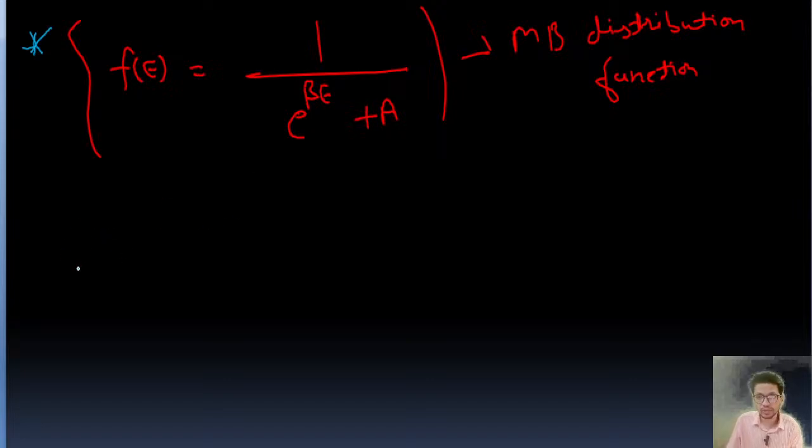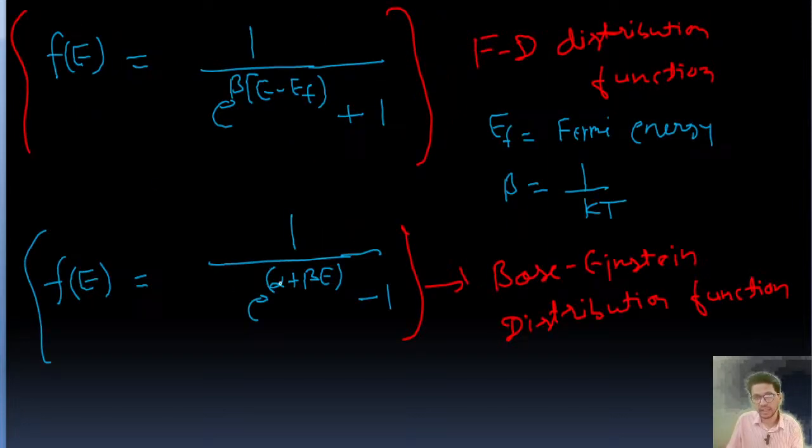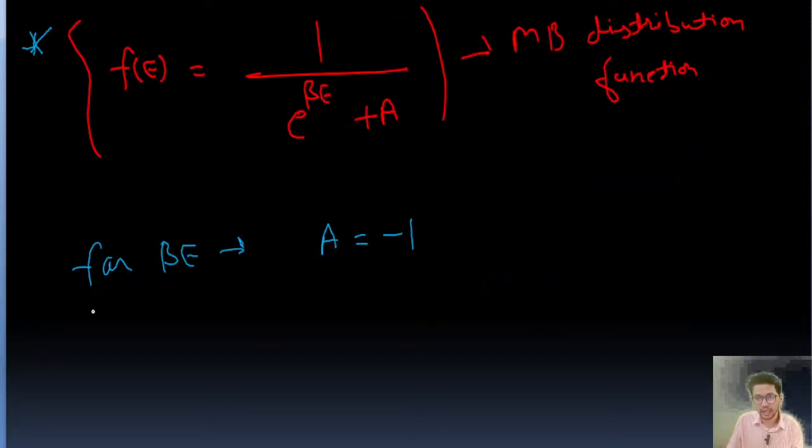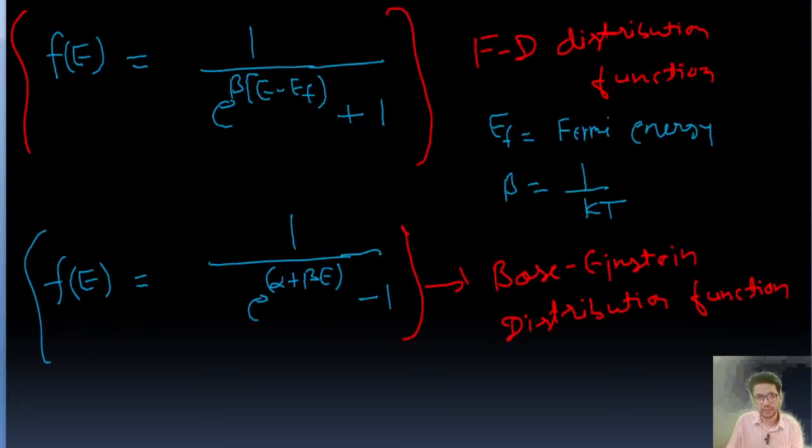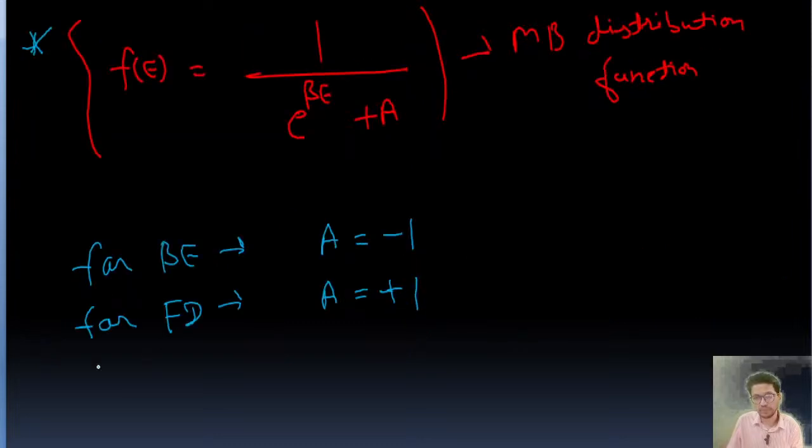Okay, so here you need to note down the main thing. For Bose-Einstein statistics, BE, the value of A is minus 1. For Fermi-Dirac, FD, the value of A is plus 1, and for MB, Maxwell-Boltzmann, the A value is 0.